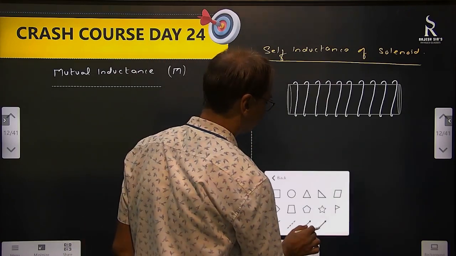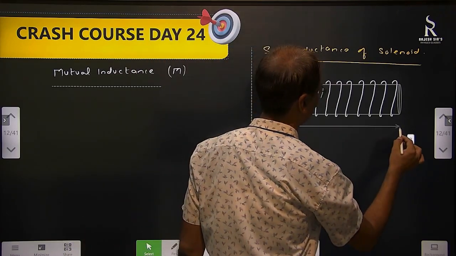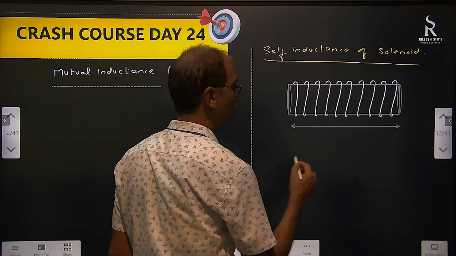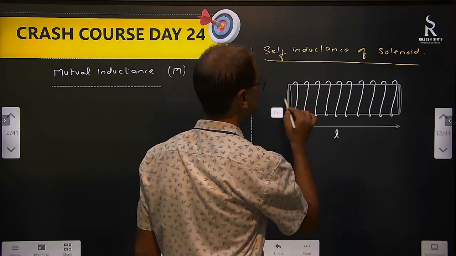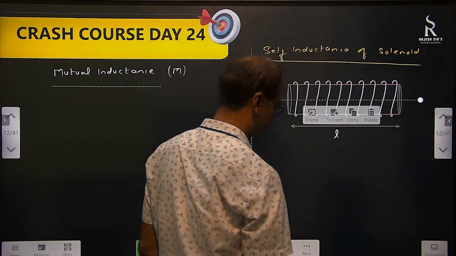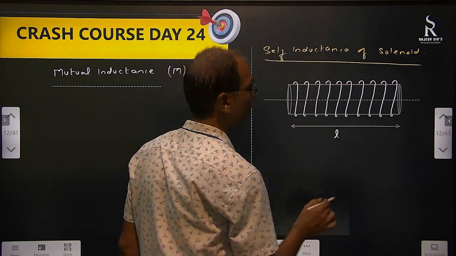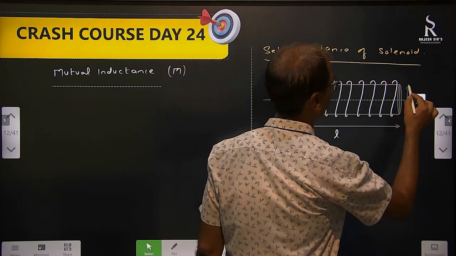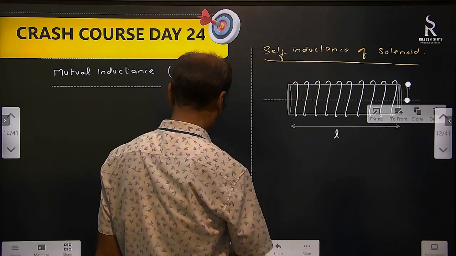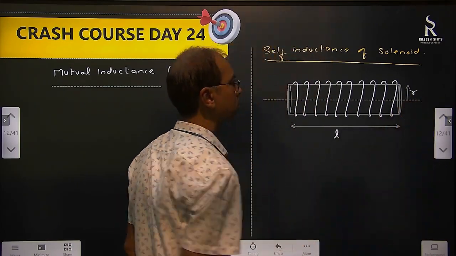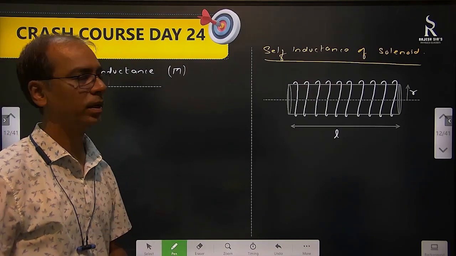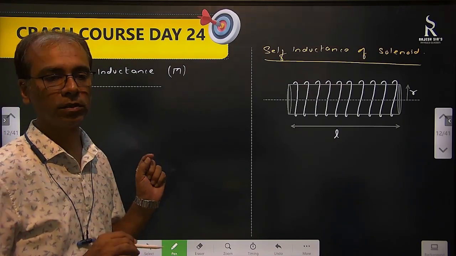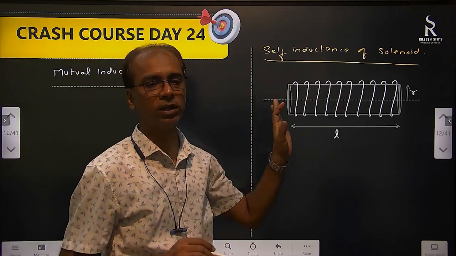Now, what we have for this one, its length is there. Length is L, not capital L. We have to make it small l here. And area, instead of area, let's take it as radius. So radius is r, small r. Okay. Now, what is flux first of all? Magnetic, and because of which current, which is in this one self inductance we are talking.